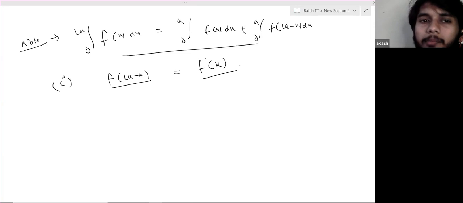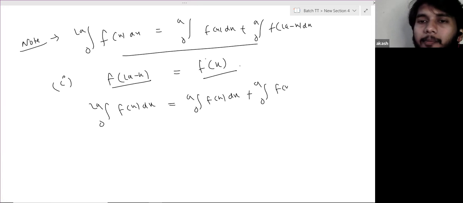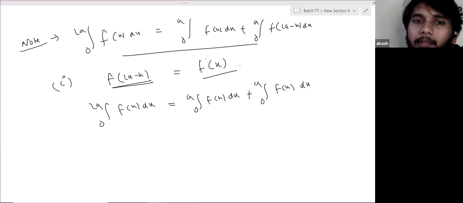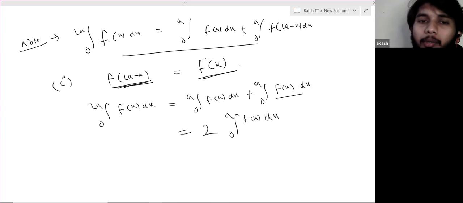So this property becomes integral 0 to 2a f of x dx equals integral 0 to a f of x dx plus integral 0 to a f of x dx. If this becomes f of x itself, it means the function doesn't change. Then I can replace this value. So this becomes 2 times integral 0 to a f of x dx. Very important.